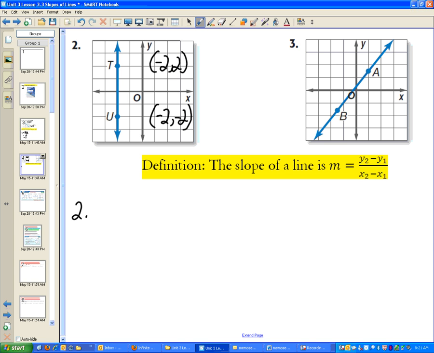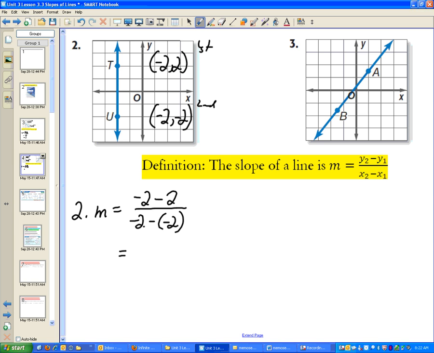We're going to get undefined, because that's a vertical line, and something you probably learned last year is that the slope of a vertical line is undefined. And I'll show you why it is. So M equals y2 minus y1 over x2 minus x1, with the first point first and the second point second.